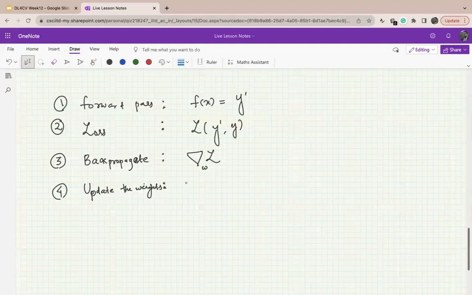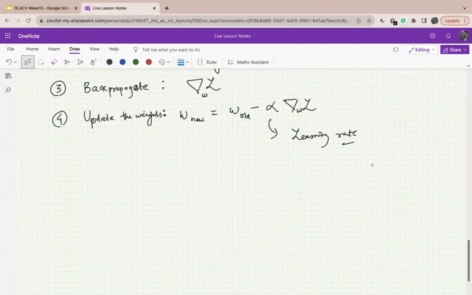W new equals W old minus alpha times the gradient, where alpha is the learning rate.